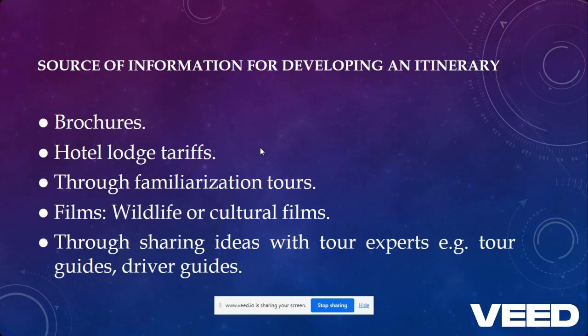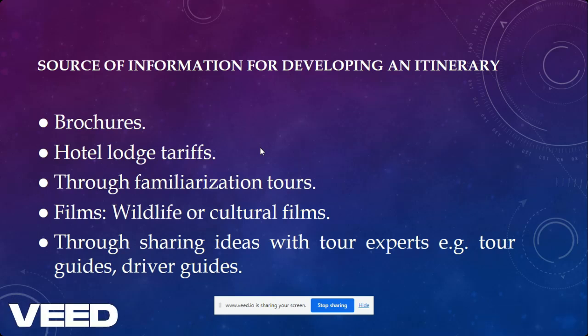So, where do we get the information we need when you're developing an itinerary? We have to look at brochures that exist in the market. We have the hotel lodge tariffs. These are charges that hotels have in place for their accommodation or activities or facilities.